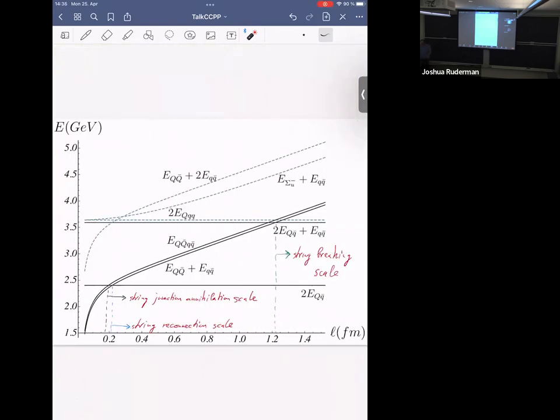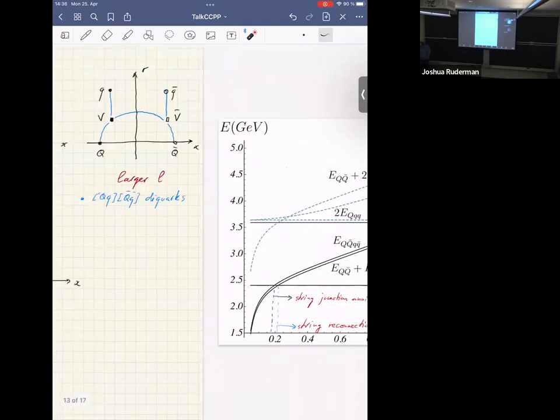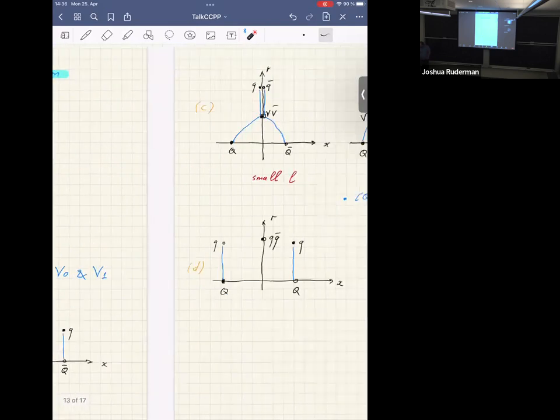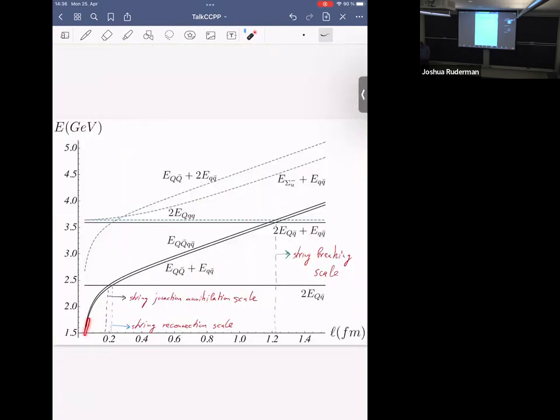That's for the system I have and for the parameter values. You see, the ground state comes from the first A and B diagrams, this and that. So here it looks like this, and then it goes like that. And it introduces a new scale, and this scale is the string reconnection scale.